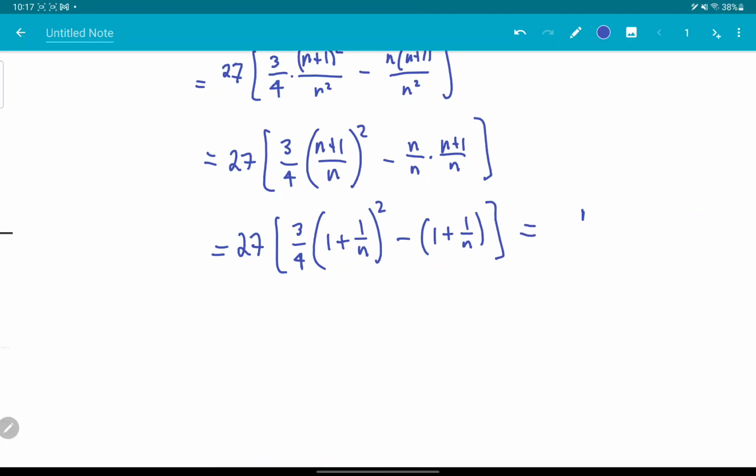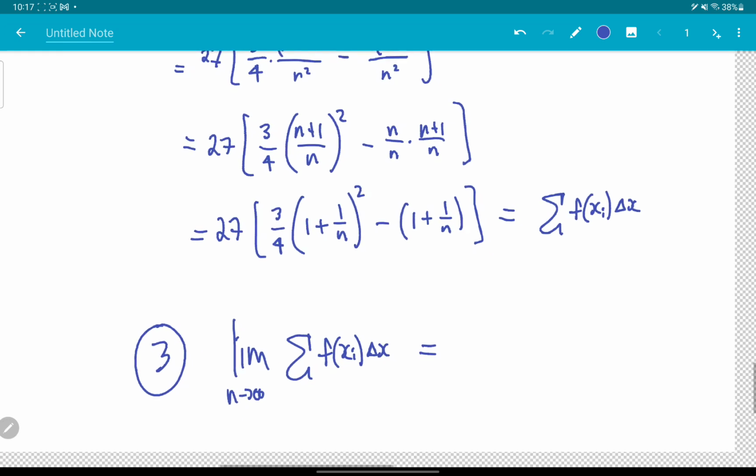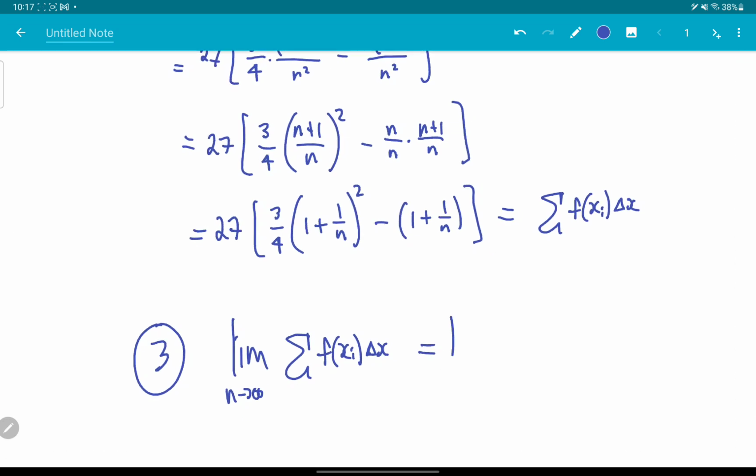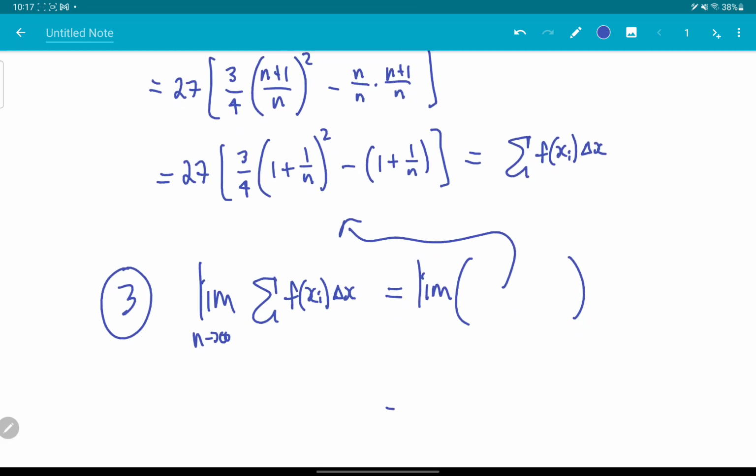Because this is sigma f of xi delta x. So the last thing is to find the limit as n goes to infinity of sigma f of xi delta x, which is the limit of this thing, which is a little too painful to copy out, sorry.